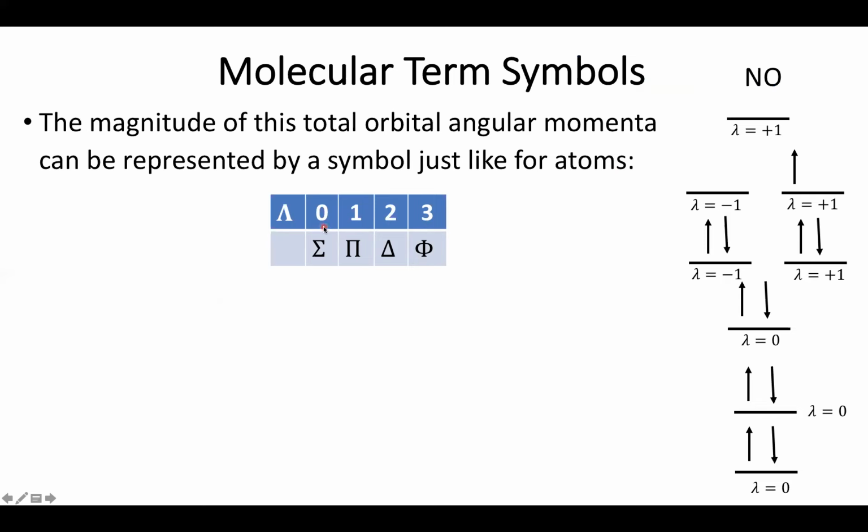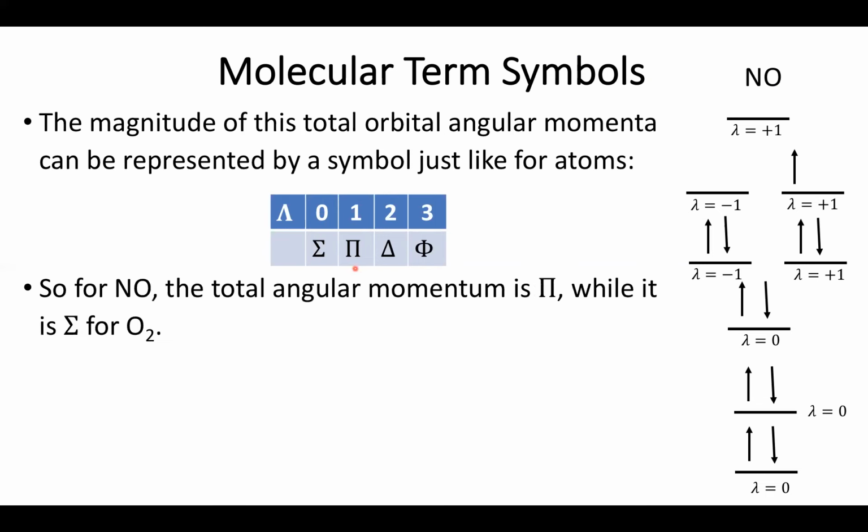So if I have something like oxygen or carbon, these with no net orbital angular momenta are going to have a sigma angular momentum. Whereas for nitric oxide, I have an angular momenta of 1, so this will be represented by an uppercase pi.